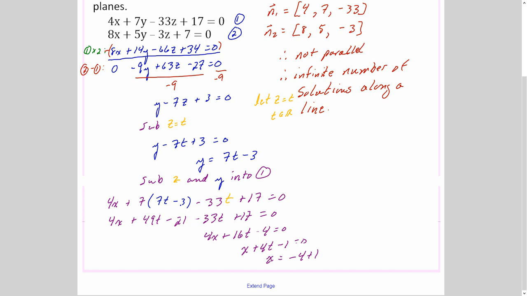So I now have my 3 equations. I've got my z, I've got my y, and I've got my x, which means I can write my parametric equations. So x at t is equal to, oops, I forgot my t down here, my apologies.